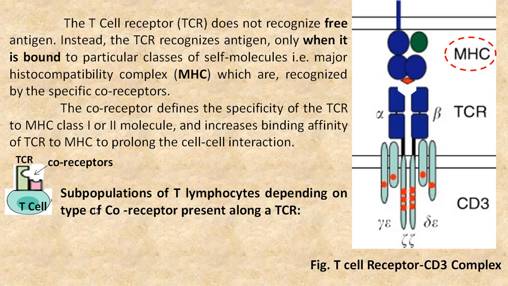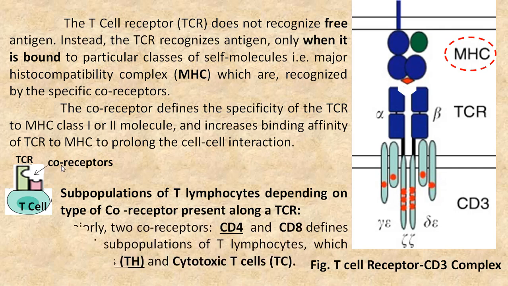Now we'll see subpopulations of T lymphocytes depending on the type of coreceptor present along with T cell receptor. Majorly, two coreceptors, CD4 and CD8, define two functional subpopulations of T lymphocytes, which are helper T cells and cytotoxic T cells.